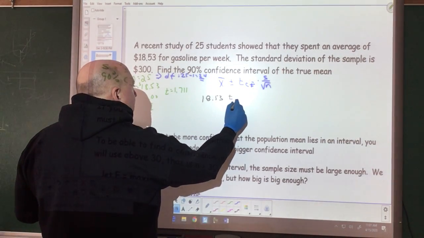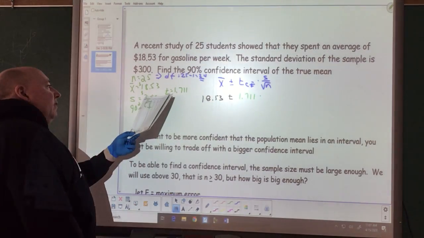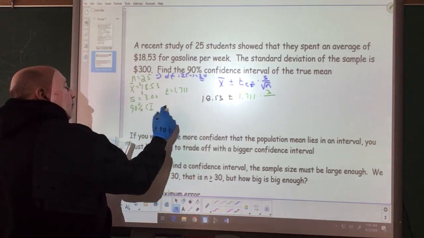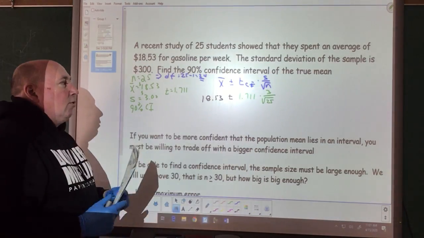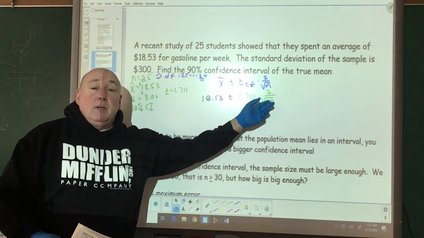So we have plus or minus 1.711 times my standard deviation, which is 3, divided by the square root of 25. Now, this is not the square root of the degrees of freedom, this is the square root of my sample size. So I need to make sure I use my sample size here.